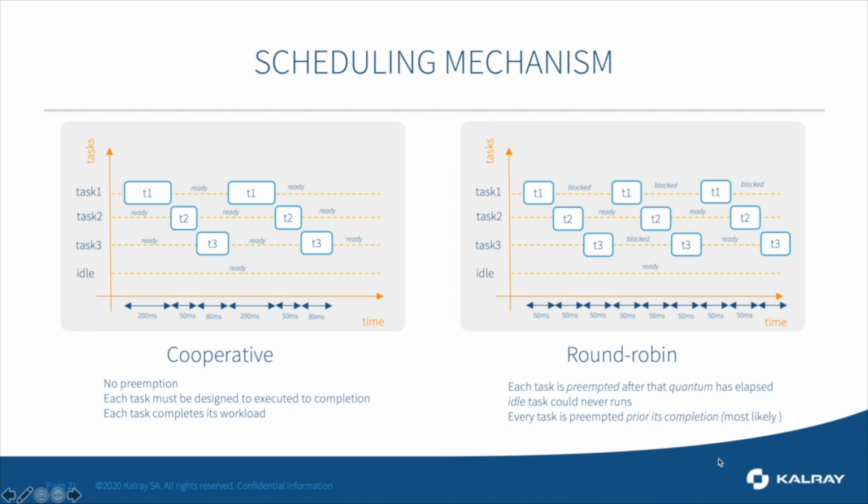The cooperative algorithm says that you define a sequence of execution. The easy one here is task 1, 2, 3. Once task 1 has started, it will run until its completion.